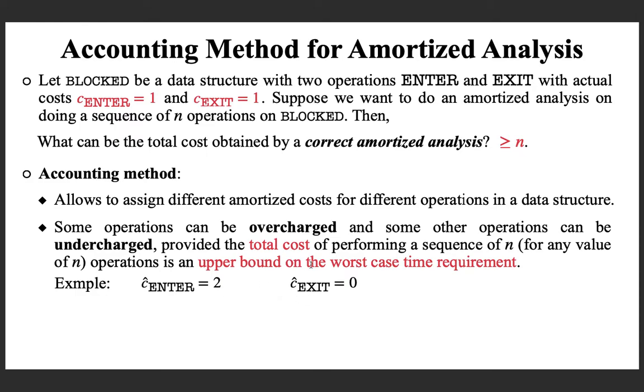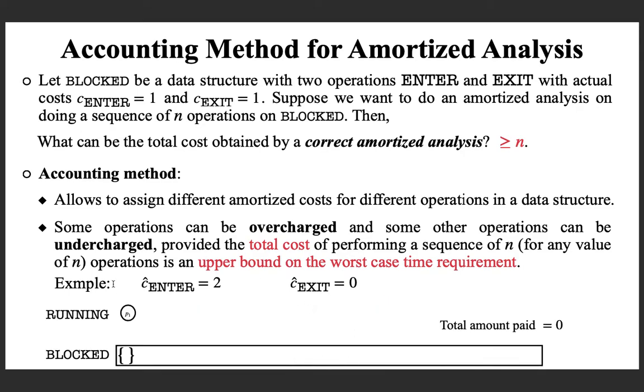And here you are undercharging: for exit, you are saying that it is 0. Now assume that 2 rupees should be paid by the process to enter the blocked state. So this is what we are trying to model.